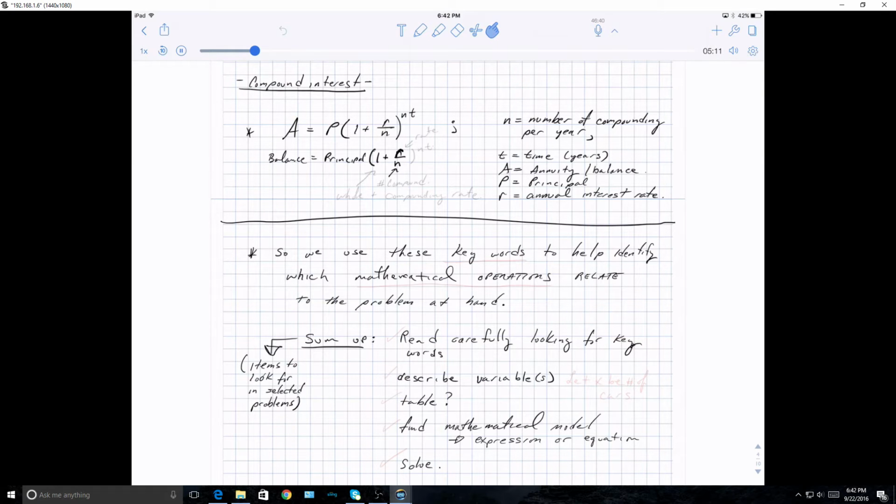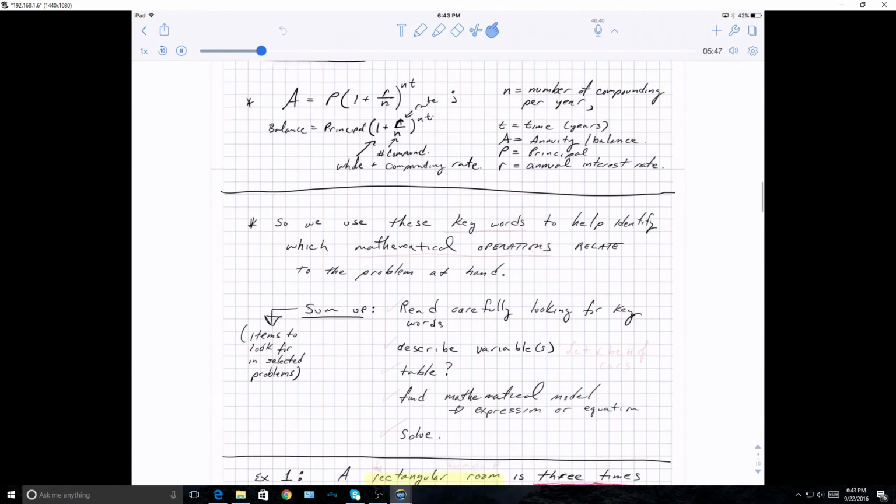N is the number of compoundings, so number of compounds, we'll just say. And R is the rate, and then NT, the number of years. So what we're looking at is really the whole 1 plus the compounding rate. And it's exponentially driven.